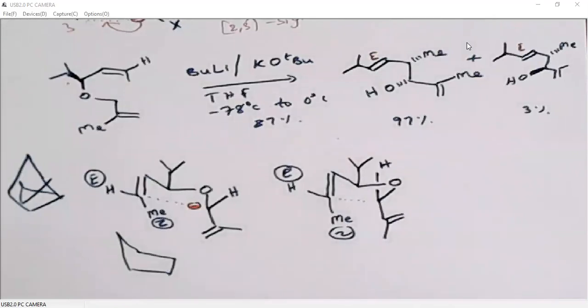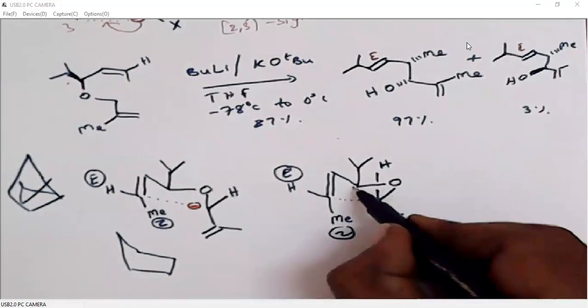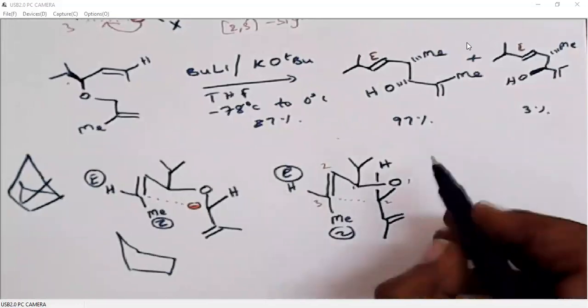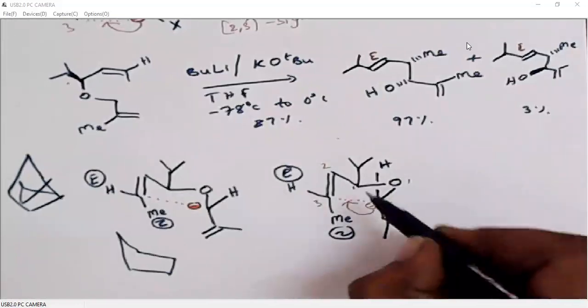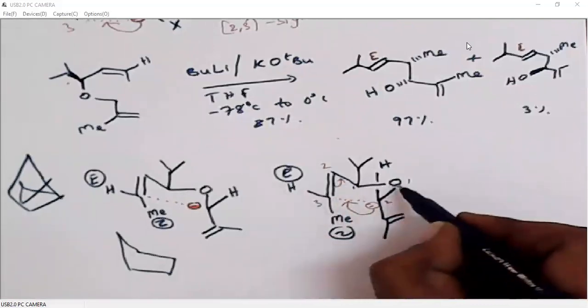Right. So after rearrangement, what will happen? 1, 2, 3, 1, 2. This negative charge will be polarized like this. The double bond will rearrange. Then this 1-1 bond will break.